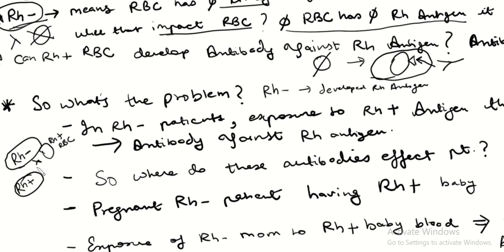Now she will develop antibodies to that Rh antigen, which is not going to bother mama one bit. But that antibody is going to cross the placental barrier and actually tag the baby's RBCs.